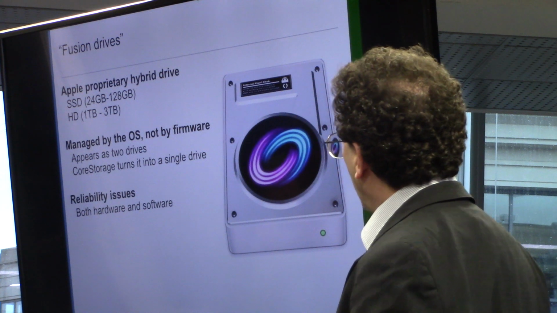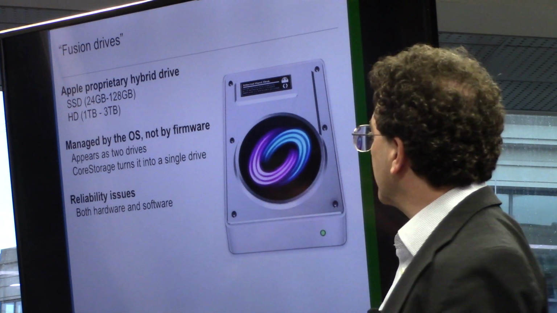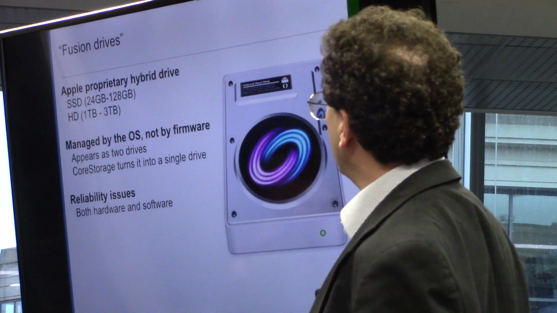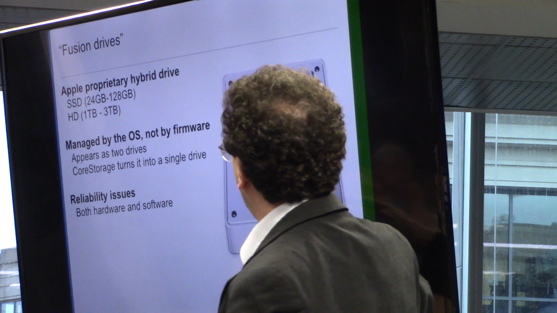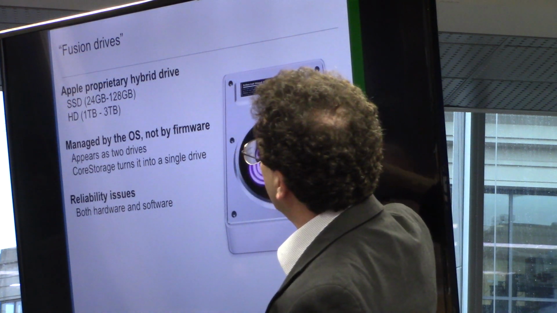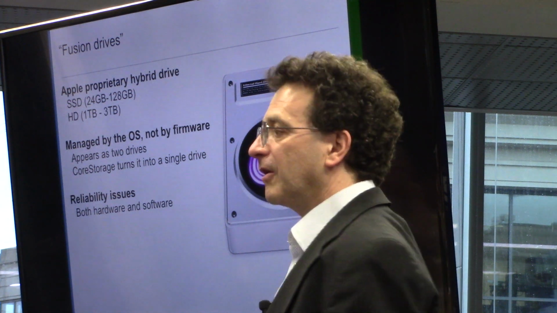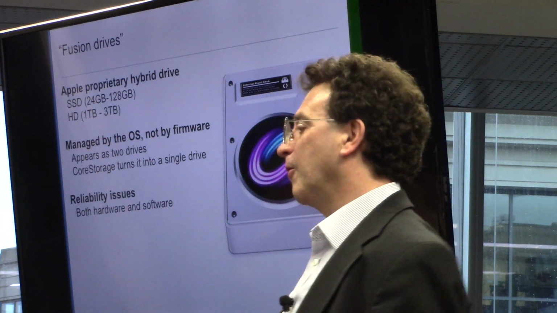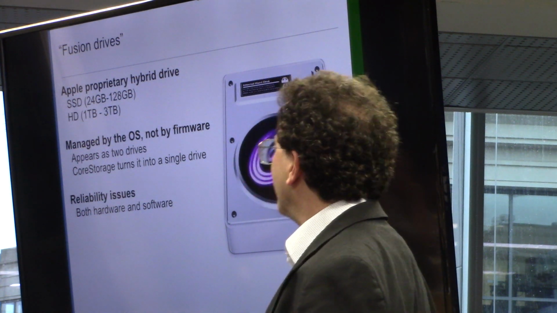Since Apple controls both the hardware and the software, they can play games like this Fusion drive, which has some SSD on it and then some hard drive on it. The SSD can be 24 gig to 128 gig, and the hard drive can be 1 to 3 terabytes. This gives you the performance of an SSD but the storage of a hard drive, which is kind of cool.